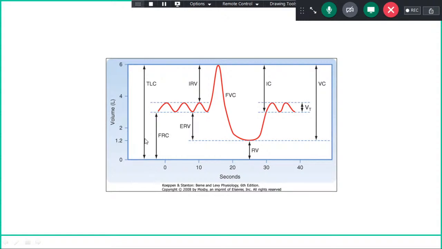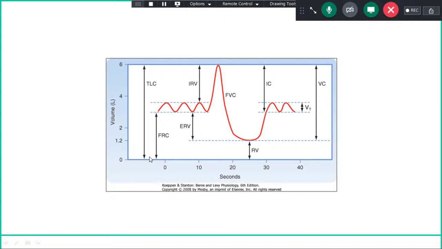So when you are starting from the forced expiratory point and you take the maximal inspiration, the total is the vital capacity, and that including the residual volume, which you cannot measure, is called total lung capacity.